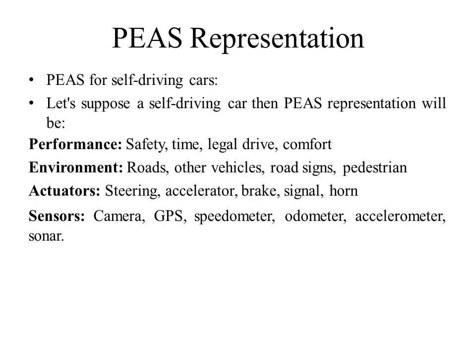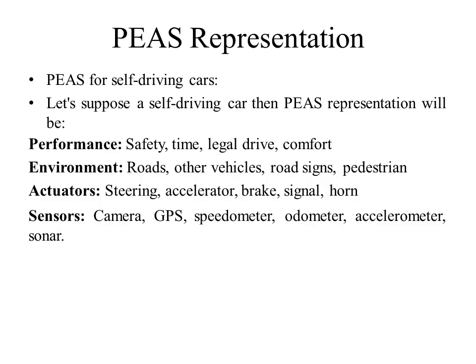Okay, so let's take again an example of the PEAS for the self-driving car. First, performance of a self-driving car is safety, and time: within minimum time you have to reach your destination. Legal driving, without breaking any driving rule. Comfort, so traveling should be comfortable.